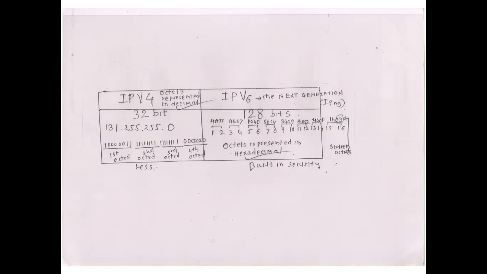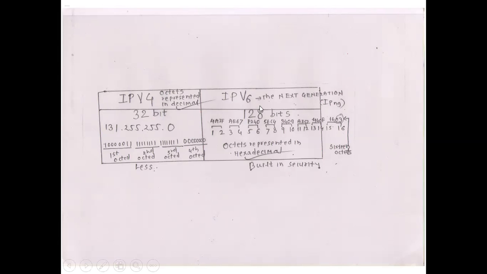So 3 billion IP addresses are lacking. We don't have a sufficient number of IPv4 addresses. Then what is the solution?